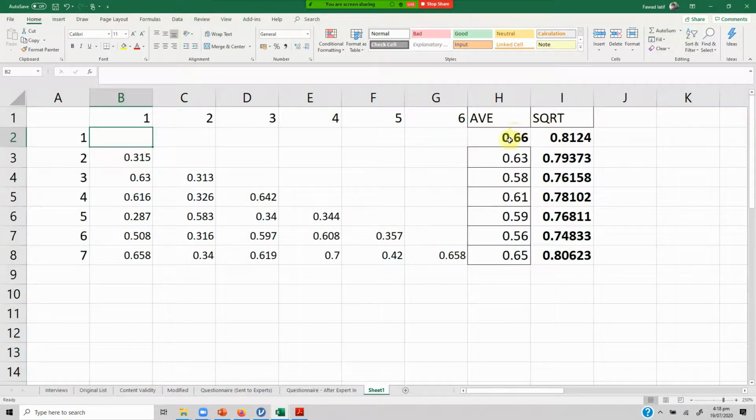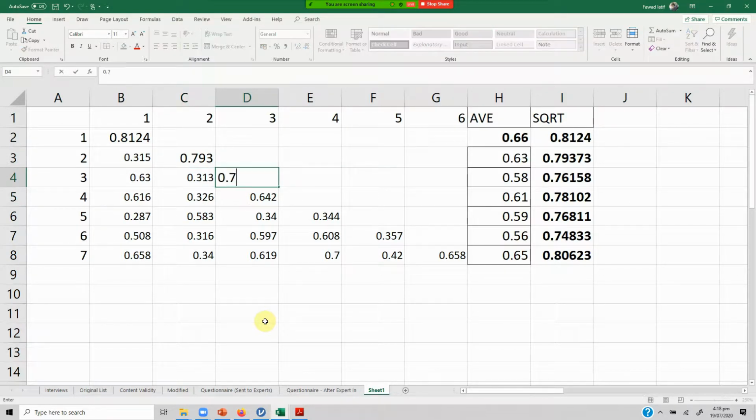Square root of AVE for factor 1, 0.8124. Square root of AVE for factor 2, 0.793. Square root of AVE for factor 3, 0.761. For factor 4, 0.781.